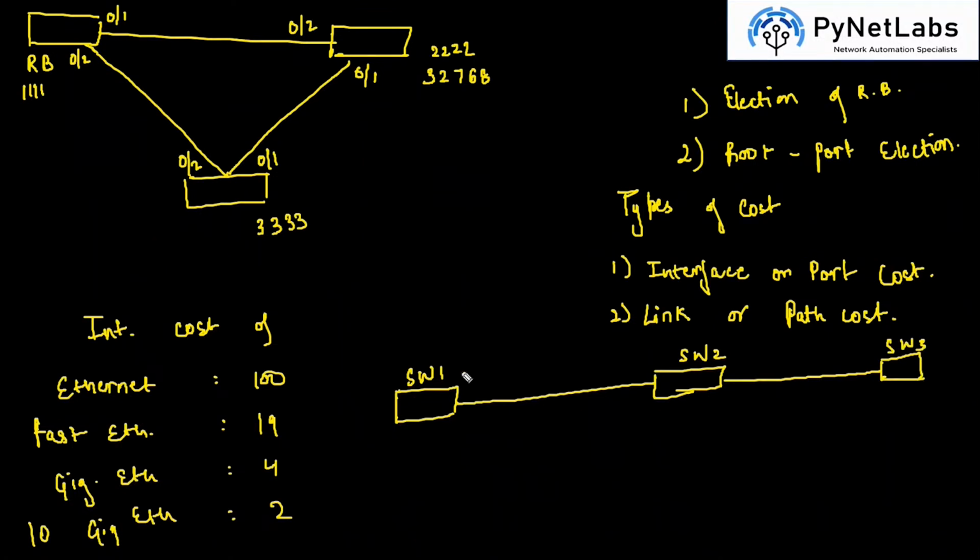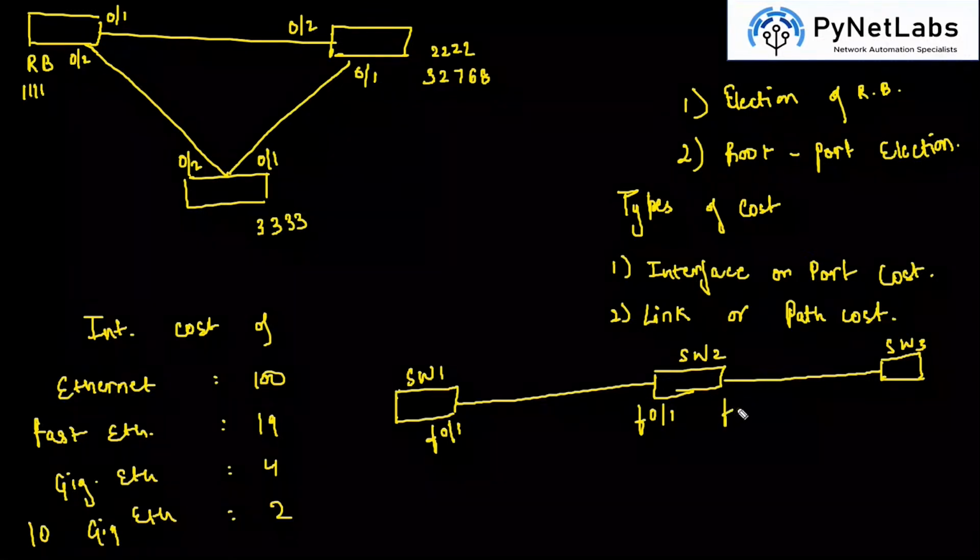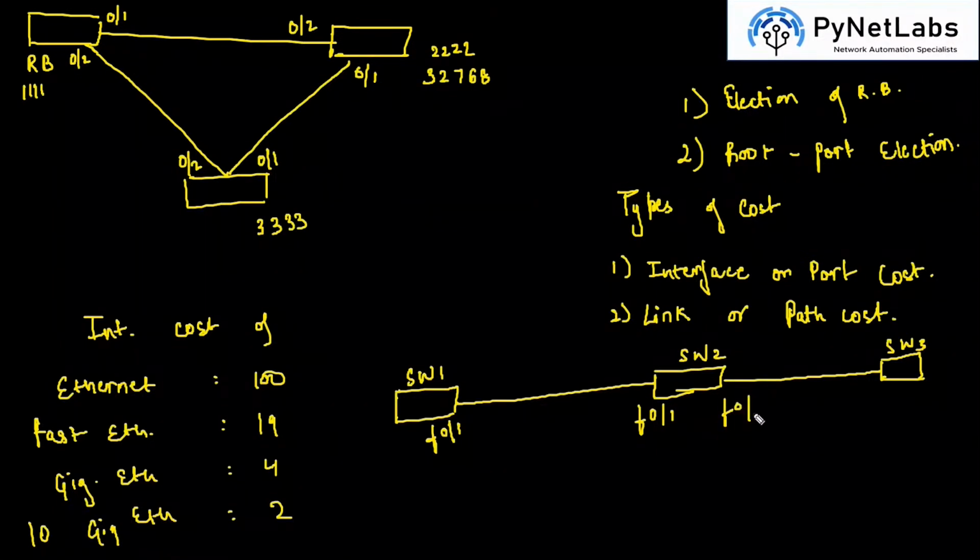So let's just take a simple example and assume that this Ethernet is being plugged on switch 1 on the port number FA0/1. Then on switch 2, it is FA0/1, and on this end, which is connecting to switch number 3, the cable is inserted in FA0/2. Then similarly on switch 3 we have FA0/1.